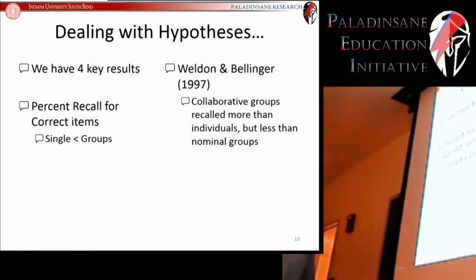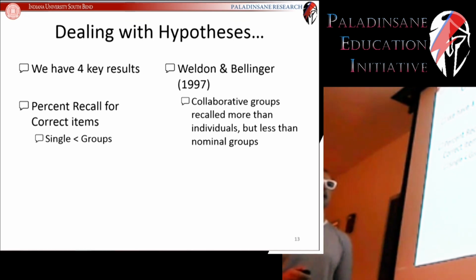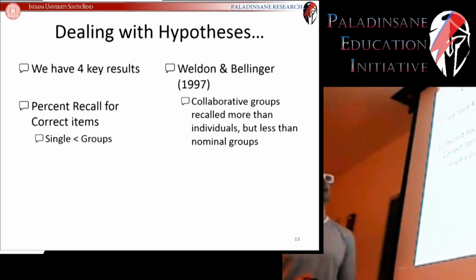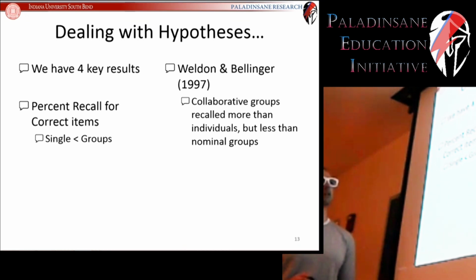So we can take a look at things like Weldon and Bellinger. In Weldon and Bellinger, they have a theory, and they put forward this theory that collaborative groups, actually this is a result, collaborative groups recalled more than individuals, but less than nominal groups.